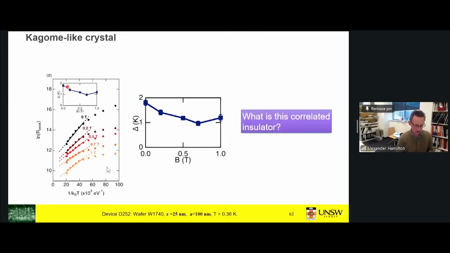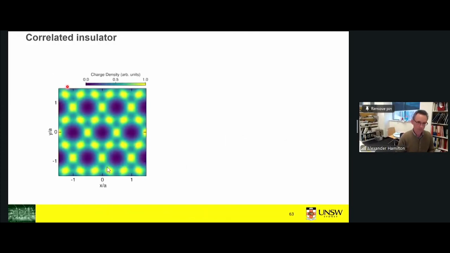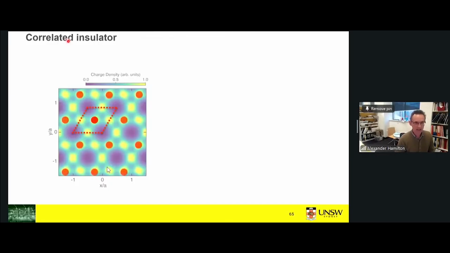So what is this correlated insulator? Well, we spent some time thinking about what exactly is happening when we've half-filled this band. So this is my Kagome lattice. There is 1 electron per unit cell. So I put 1 electron in my unit cell, and then here are all the other electrons in the lattice, each with 1 electron per unit cell.